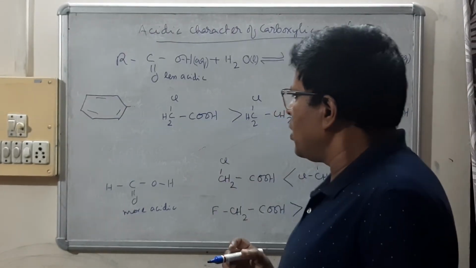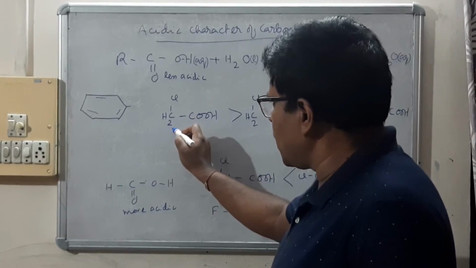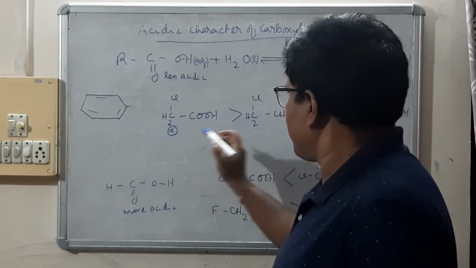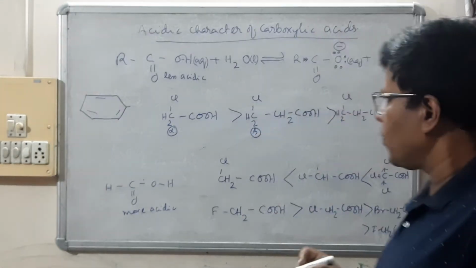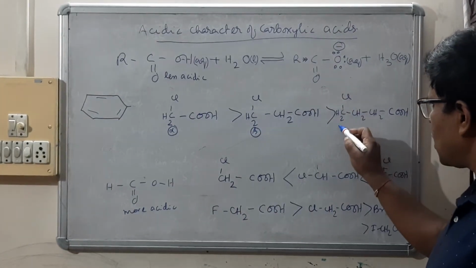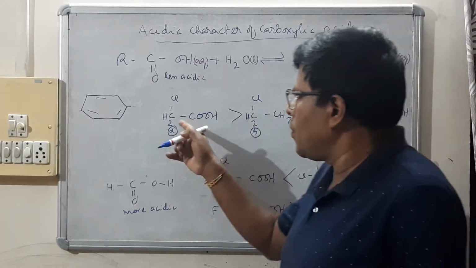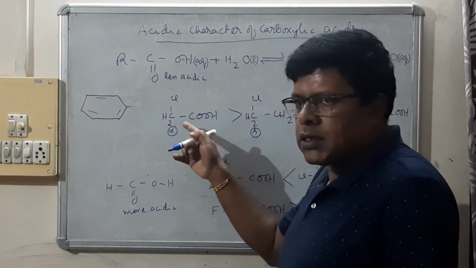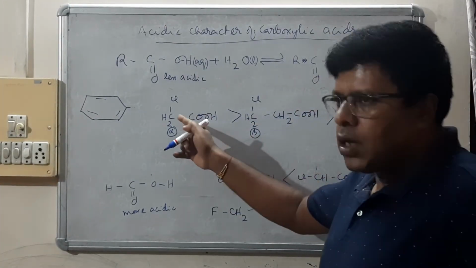This can be explained this way: here the halogen is at the alpha carbon, here the halogen is at the beta carbon, here the halogen is at the gamma carbon. Here the minus I effect will be strongest out of the three.